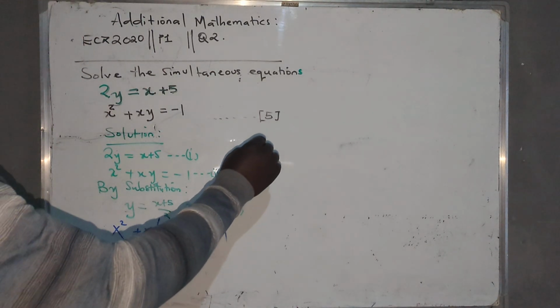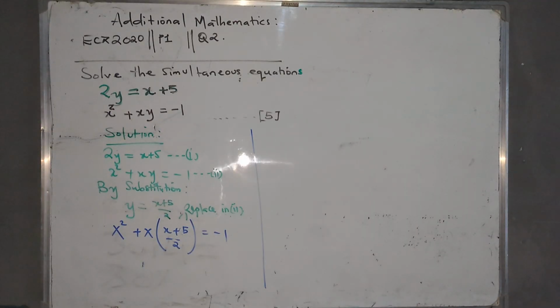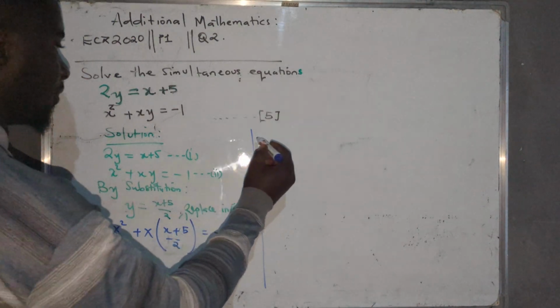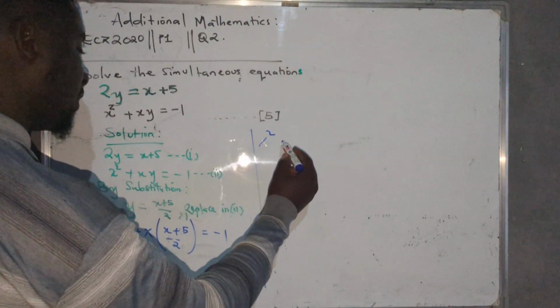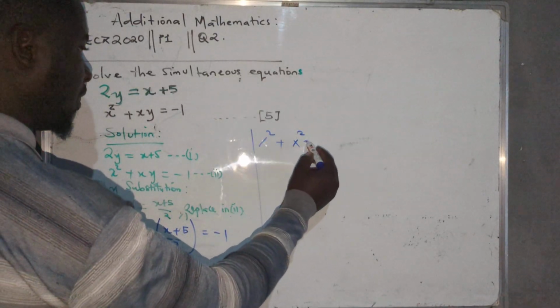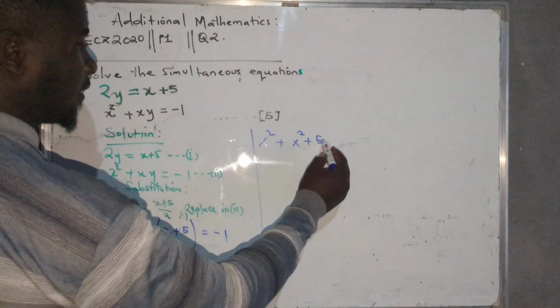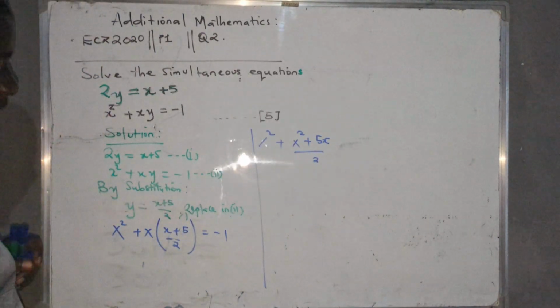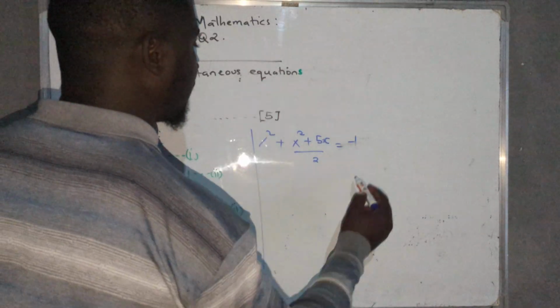Alright. Then from here you can just distribute. So you remain with your x squared, then plus x times x, so that's x squared plus 5x, and then these are over 2, is equal to negative 1.